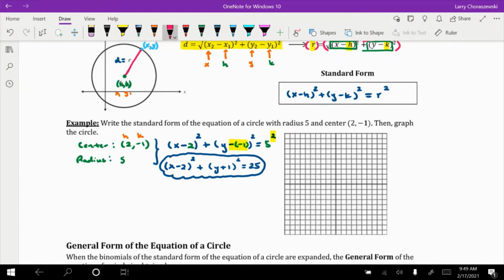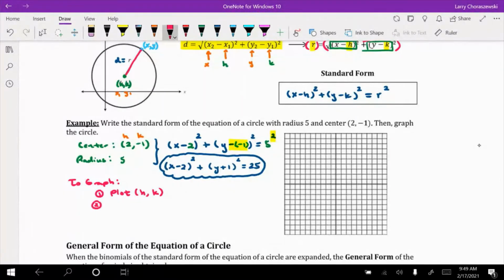Now to graph, I'll break this down in 3 steps. The first step is to plot the center (h, k).